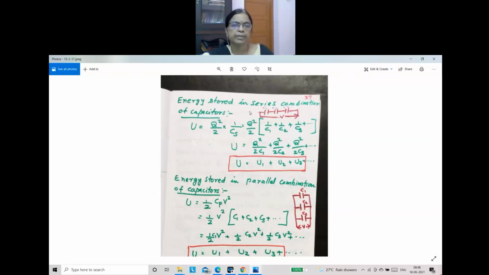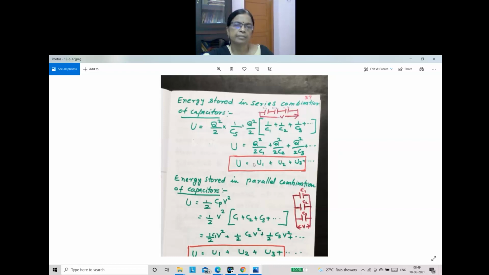So, the total energy will be the sum of energies of 3 capacitors. So, you can write Q square by 2 into 1 by CS. 1 by CS is 1 by C1 plus 1 by C2 plus 1 by C3. So, Q square by 2 into 1 by C1 plus 1 by C2 plus 1 by C3. So, you just multiply: Q square by 2C1, Q square by 2C2 plus Q square by 2C3.